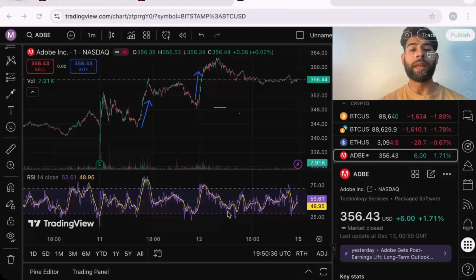Then the other thing you have is a put. The put option works in the totally opposite direction. So if you're expecting a stock to go down, the reason you might want to buy a put option is, for instance, if I'm holding Adobe and in the shorter time frame I'm expecting the price to go lower.